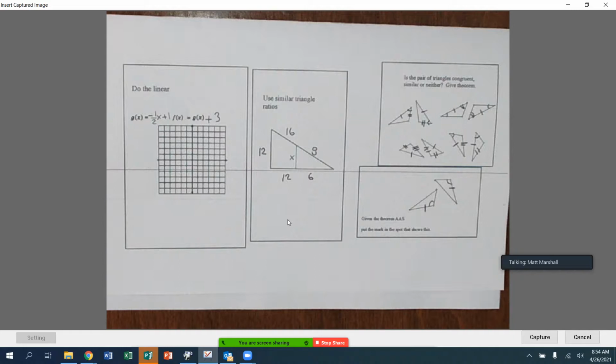Know that it's being shifted up 3. Graph the second one. Give me the equation of the second one. Solve this ratio. Give me these as theorems, and then put the mark in the right spot. And then we'll get into today's stuff. If it takes too long, maybe I'll have only one person show it.